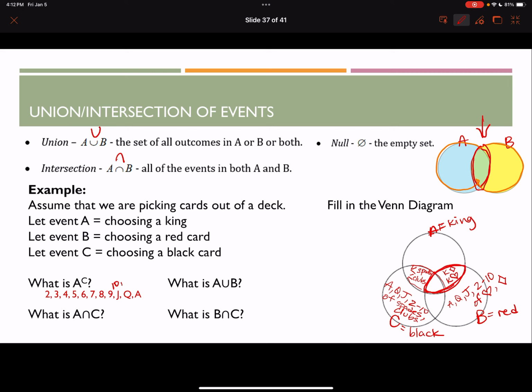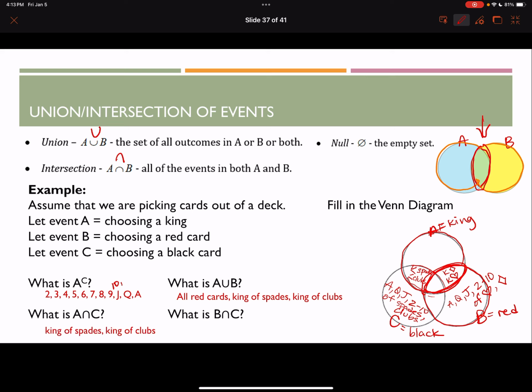This Venn diagram is going to be kind of messy, but it would be all of this. Anything that is a king or a red. So anything that's overlapping in the middle, or anything that is in just the red or just the king. So it would be all red cards, and that includes the kings, and then the king of spades and the king of clubs.